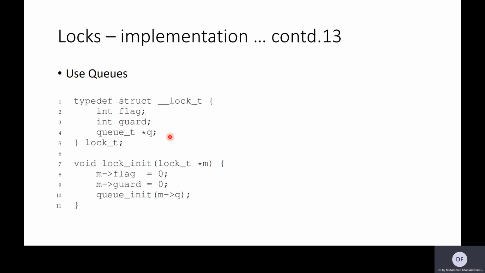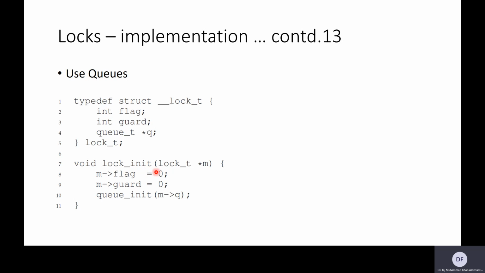So this is a slightly complex but more efficient implementation in terms of performance, because all the threads waiting for the lock are not spinning unnecessarily, but are sleeping, put on a queue. One by one, when the lock is released, one of these threads is awakened and the lock is handed over to it. So in this implementation, inside the lock structure, we have this flag, we have this guard, and we have this queue.